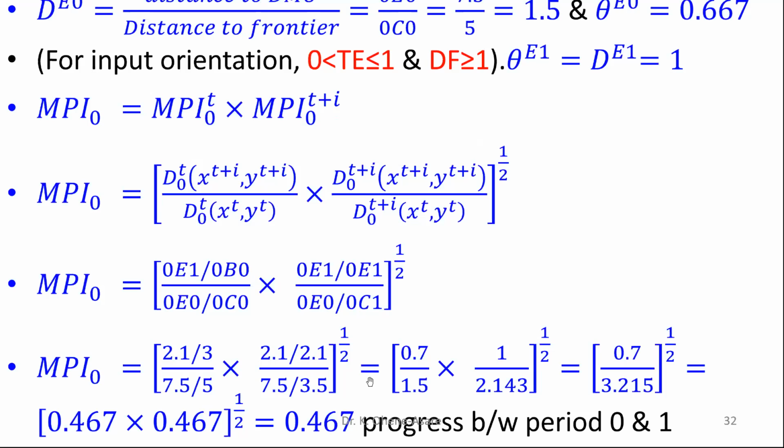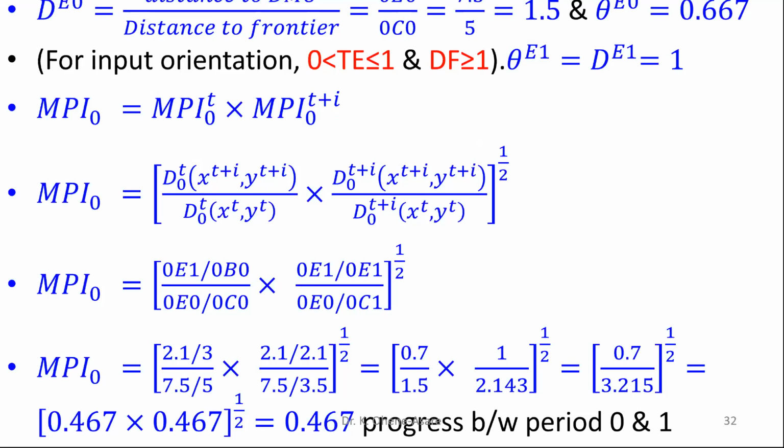So this is what you have, and that will help you estimate that. The rest is calculator: 0.7 over 1.5 times 1 over 2.147. Take the square root of this, and that gives you a Malmquist of 0.467. Now, remember, this is an input-oriented distance function.